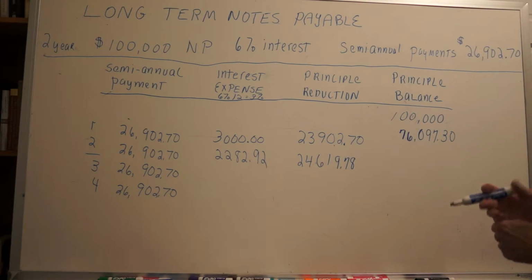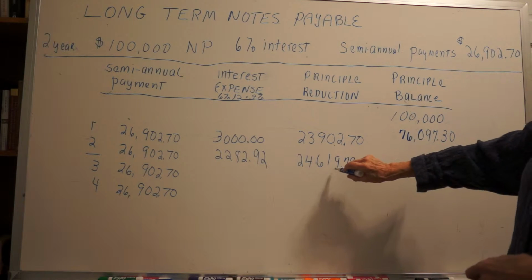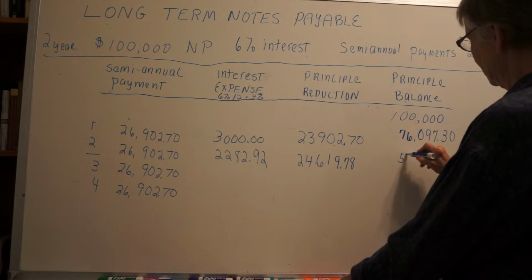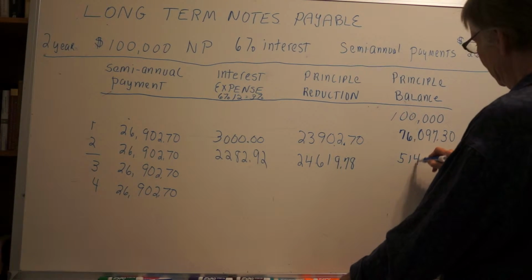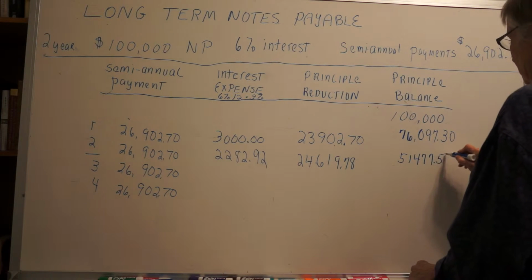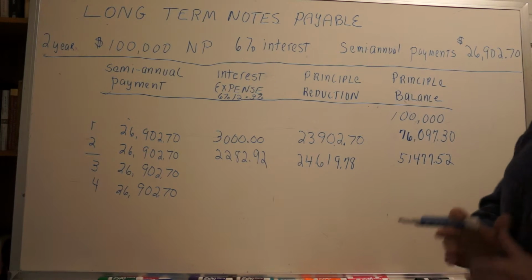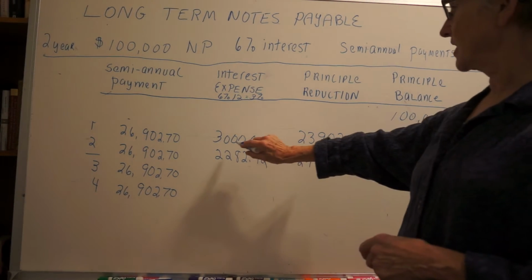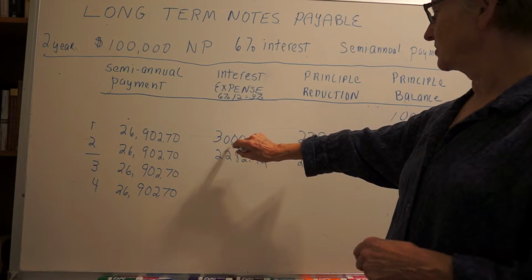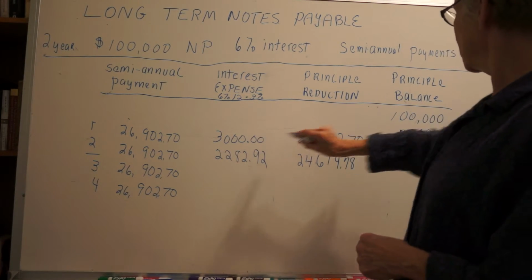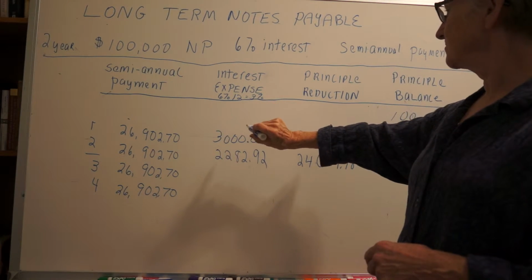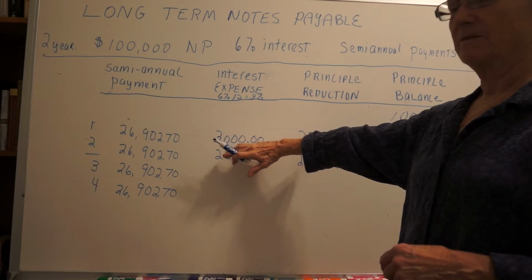Okay, new principal balance. You can kind of see where this is going. We had this amount, we just paid off that amount, so the amount remaining is $51,477.52. Okay, if you're setting this up on Excel, you can just set up formulas so that you can go plus the principal balance times 0.03, and it will just give you that amount.